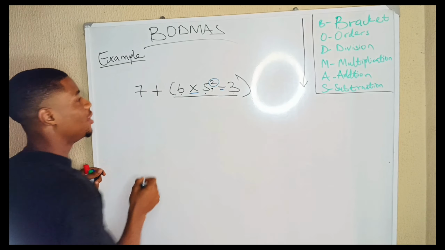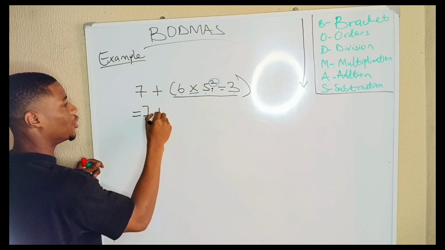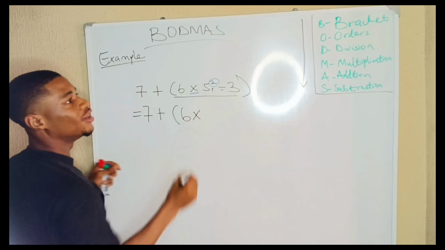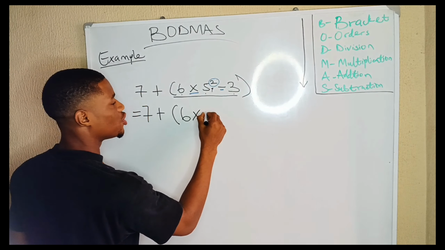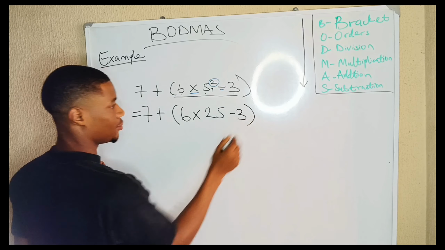Now, we can write this as 7 plus, open bracket, 6 times 5 order 2, or 5 raised to the power 2, which becomes 25, minus 3.